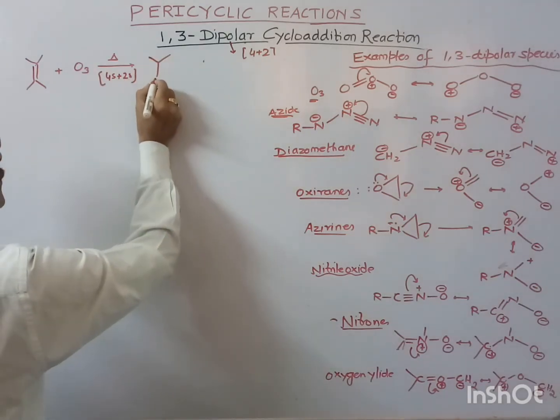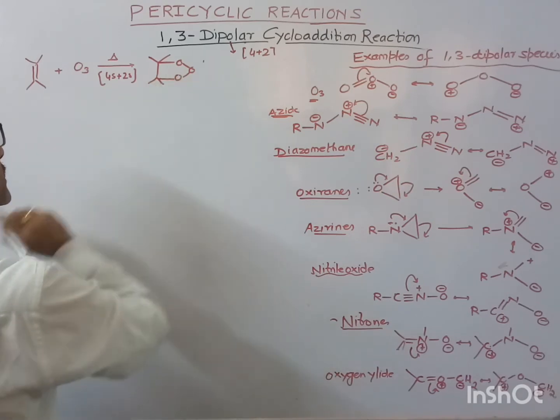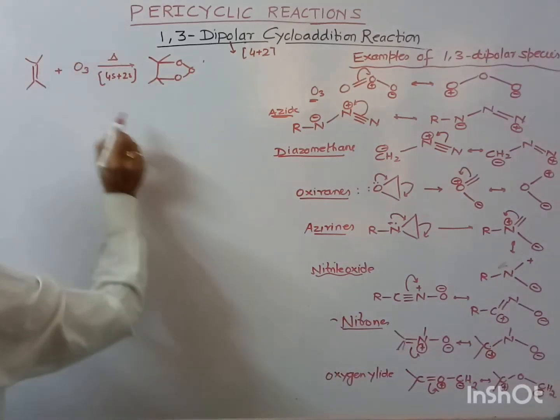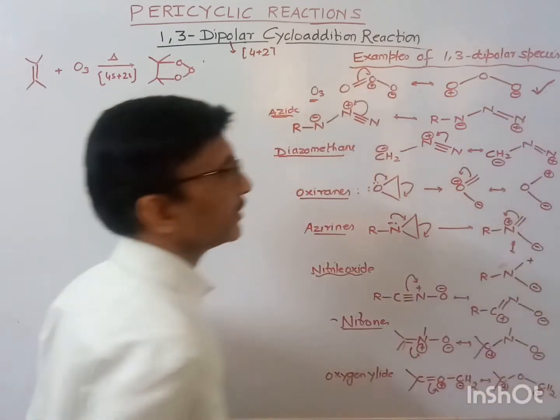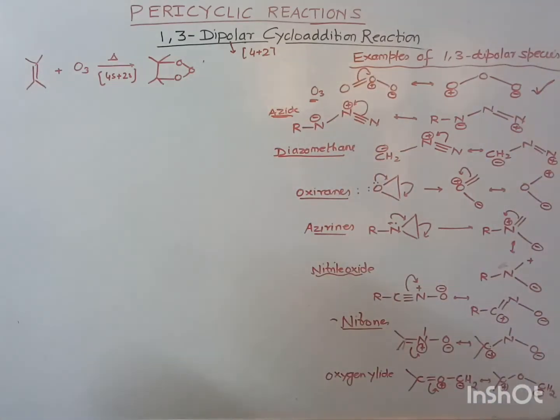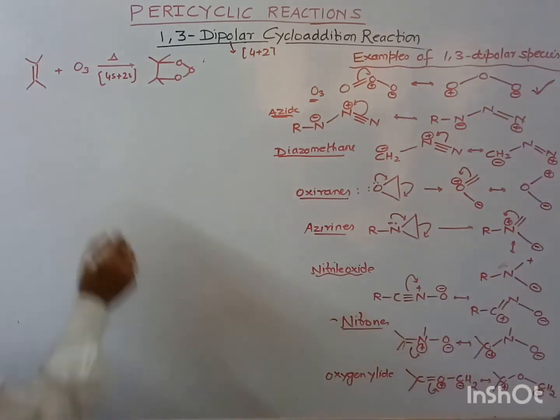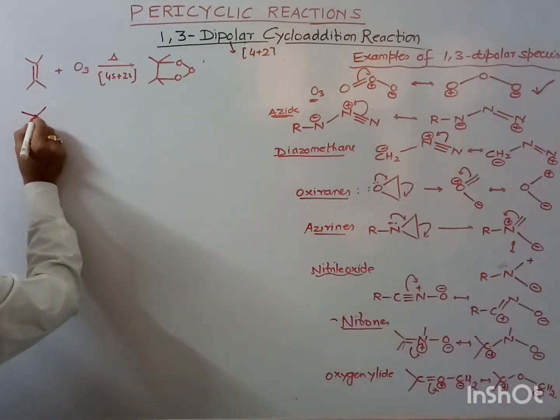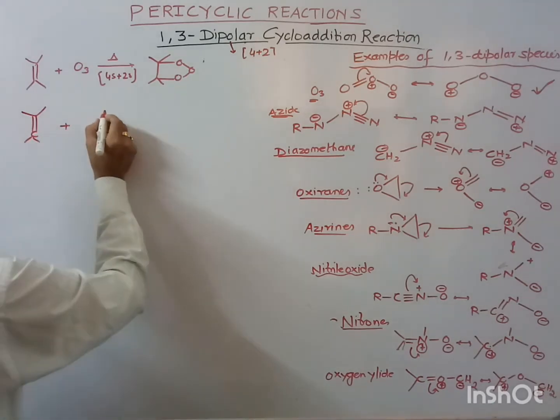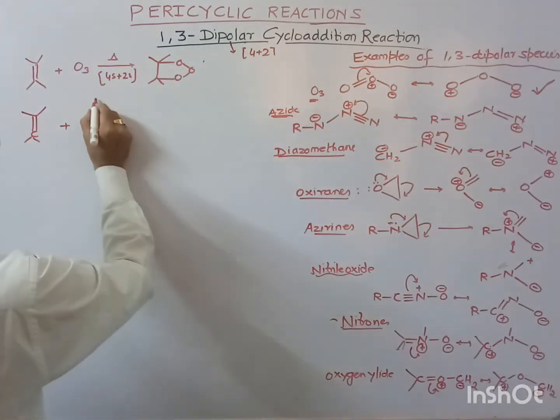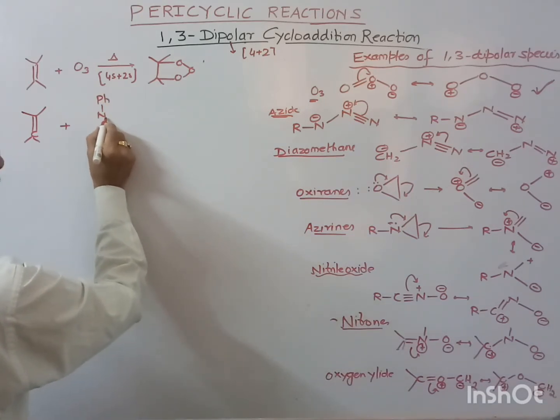The product that you will get after this would be the product in this case, because it can be written like this, giving the 1,3 dipole ozone. In the same way, suppose we have another one, phenylazide.